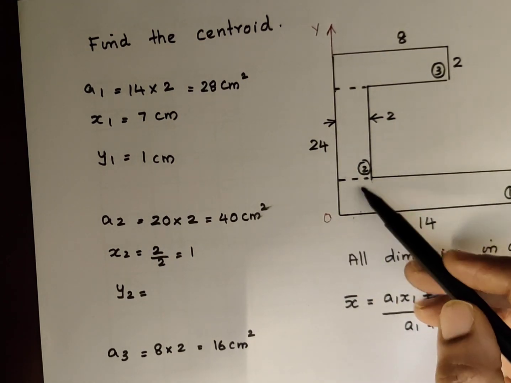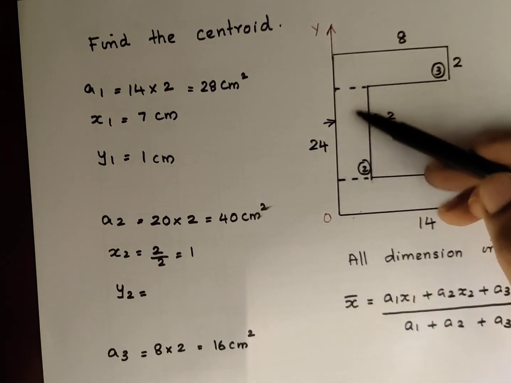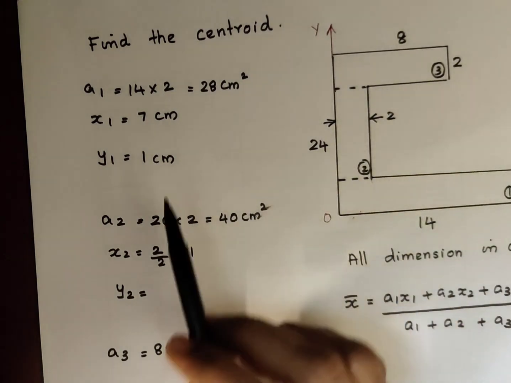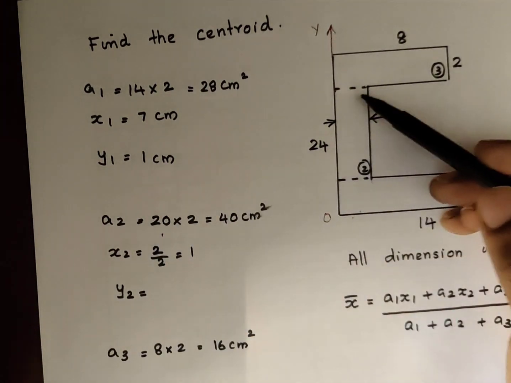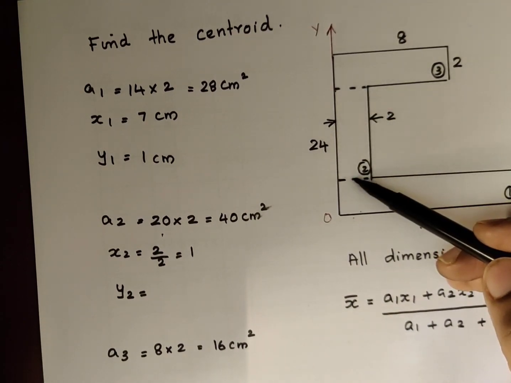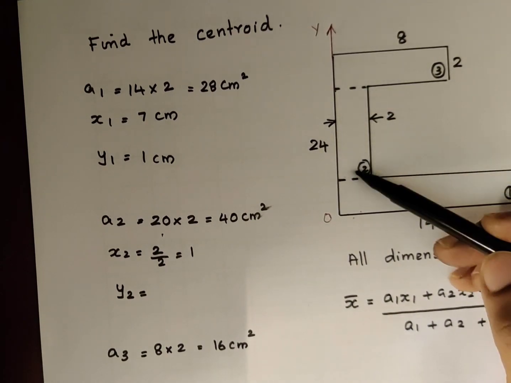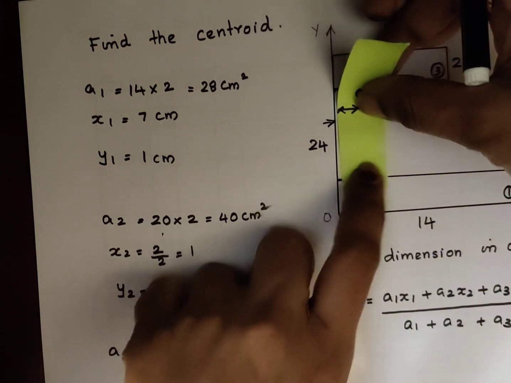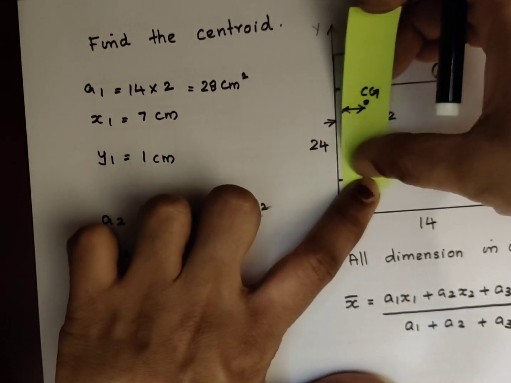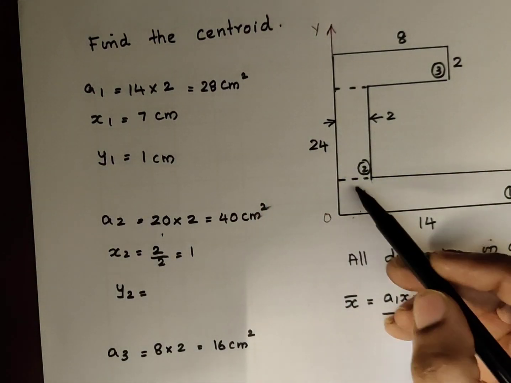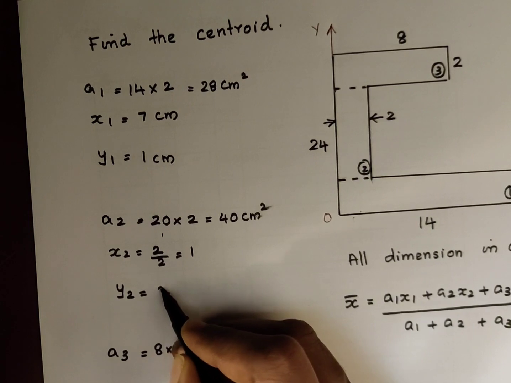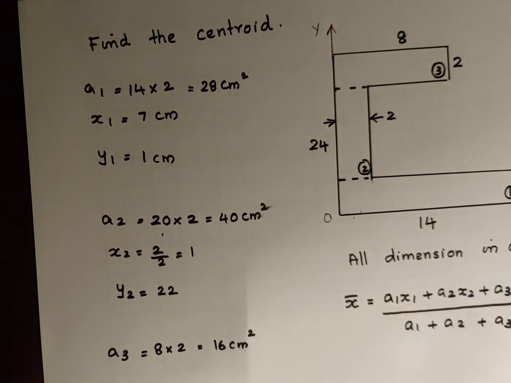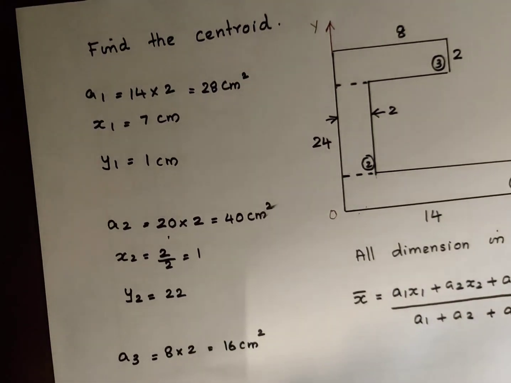So this length is equal to 2, and this depth is 20. So 20 by 2 is 10. This length is 10. So from the centroid, this depth is equal to 20 plus 2. So y2 is equal to 20 plus 2, that is 22.